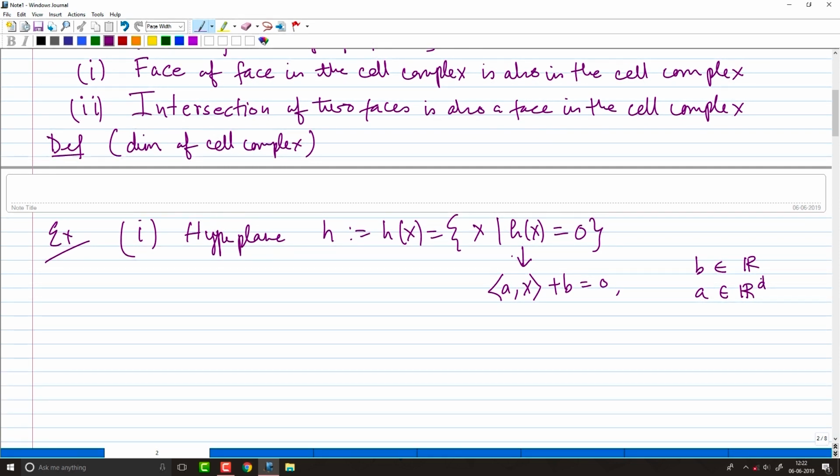Is it a polyhedron? Yes. H is nothing but the intersection of h(x) greater than or equal to 0 and h(x) less than or equal to 0.